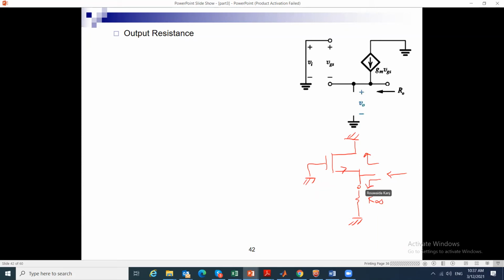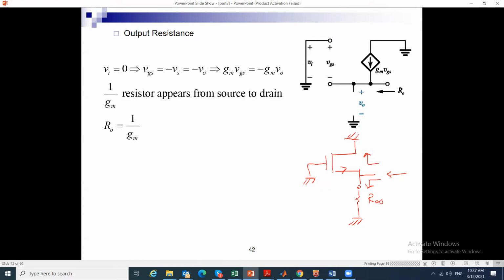I have R infinity down because he gave me RL and didn't give me RS. In this scenario, looking up, if we go to the resistor sheet, it will be 1 over gm, because RO tends to infinity in parallel with R infinity. So this is the output resistance that he is saying.